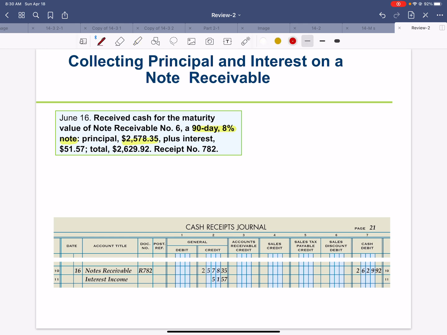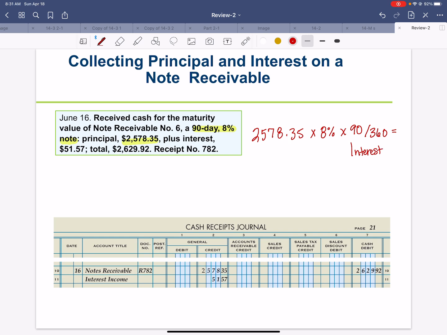Remember, when you're figuring out your amount of interest, you take the principal, which would be $2,578.35, times the interest rate of 8%, times the time, which is 90 days out of 360 days. And remember, we use 360. The business world uses 360 in this book. And that's how you figure out your interest.